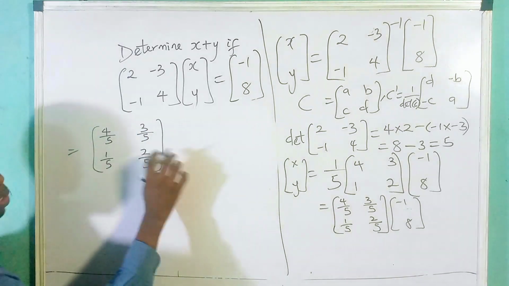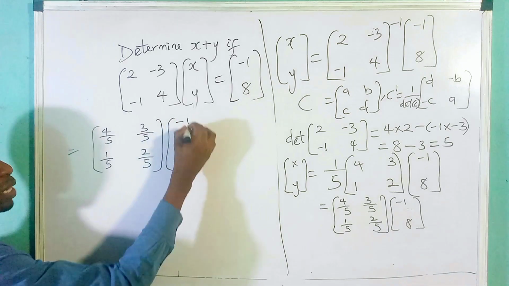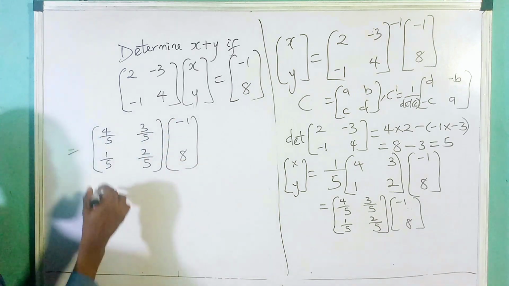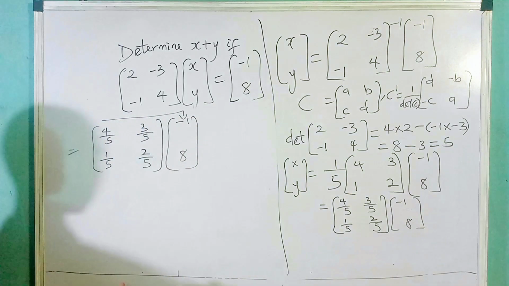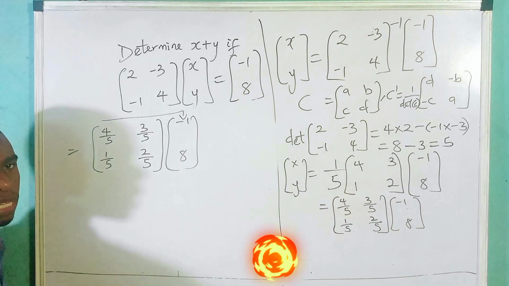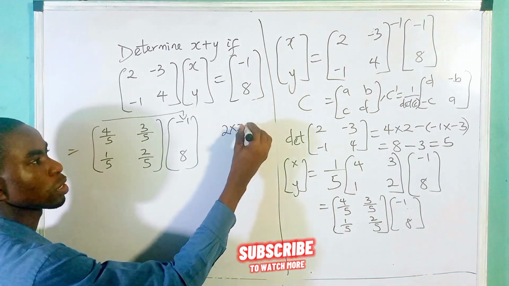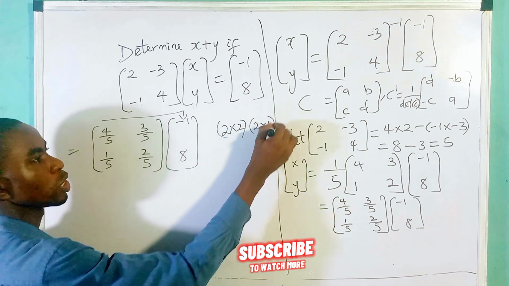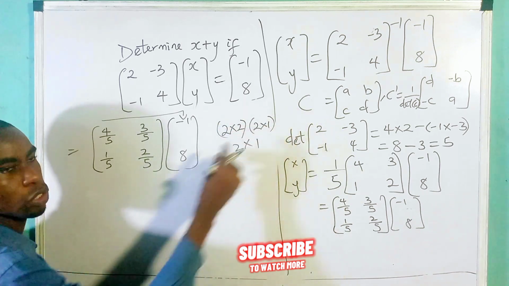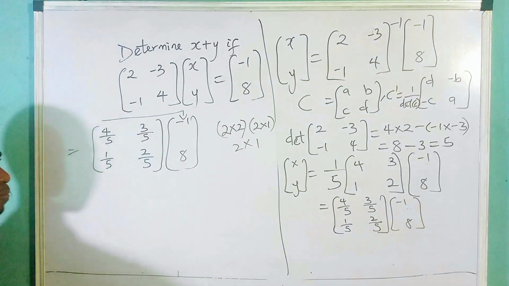We said x y is equal to this, and then we are multiplying with -1 and 8. We are going to be multiplying the first row by the column, and then the second row by the column. So please take note, a 2 by 2 matrix multiplying a 2 by 1 matrix is going to produce a 2 by 1 matrix.